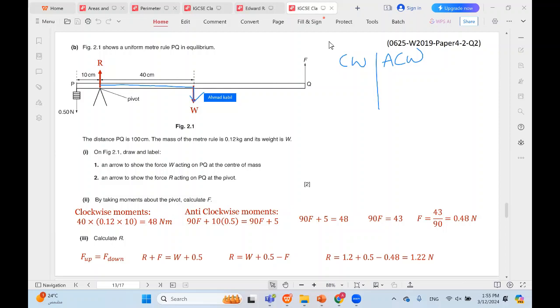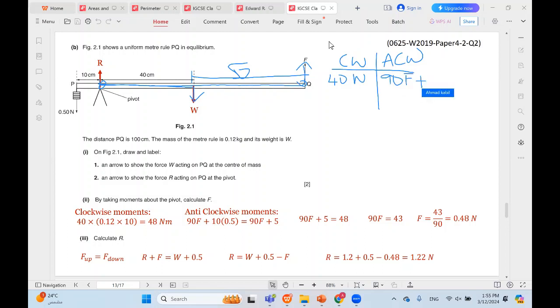So we're going to write 40W here. Now, the F creates an anti-clockwise moment about the pivot. And the distance from the pivot to the F is 90 because this here is 50. So 50 plus 40 gives us 90. So we have 90F here.